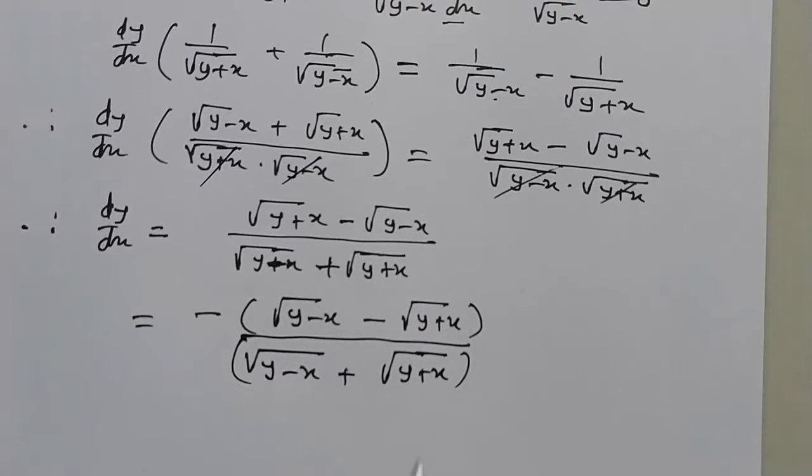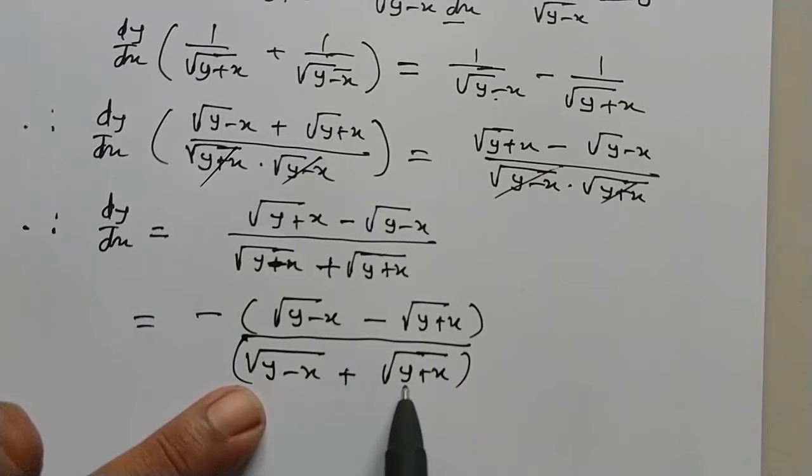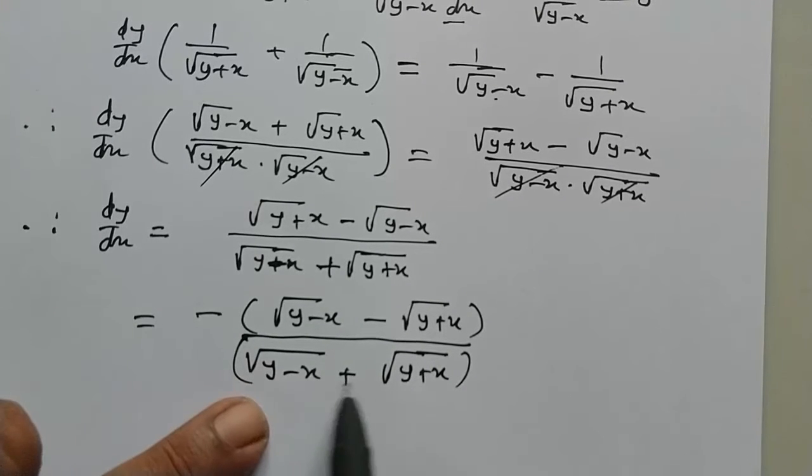Now multiply and divide by the rationalizing factor of the denominator. Its rationalizing factor is √(y−x) − √(y+x).